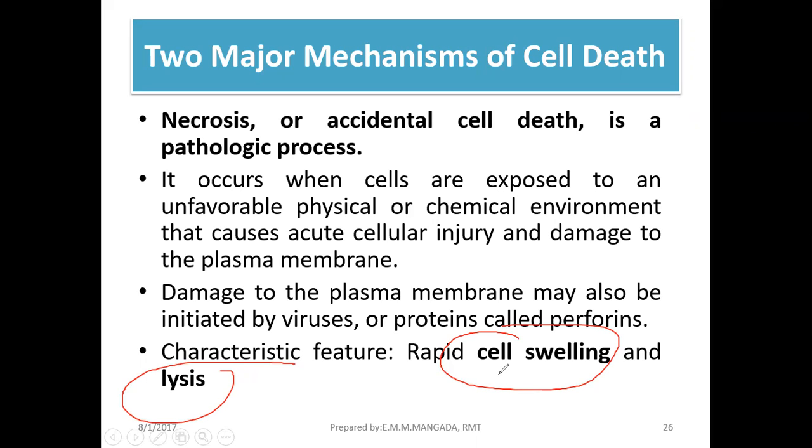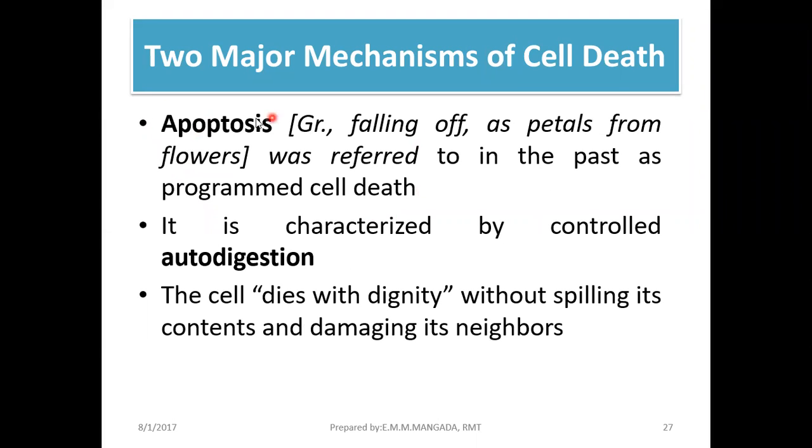In the other type of death, apoptosis, there is no damage to the cell membrane. Instead, we get bleb formation that leads to the formation of what we call apoptotic bodies. Later there will be a picture showing the difference between them. Apoptosis was referred to in the past as programmed cell death. It is characterized by controlled autodigestion, or self-digestion.